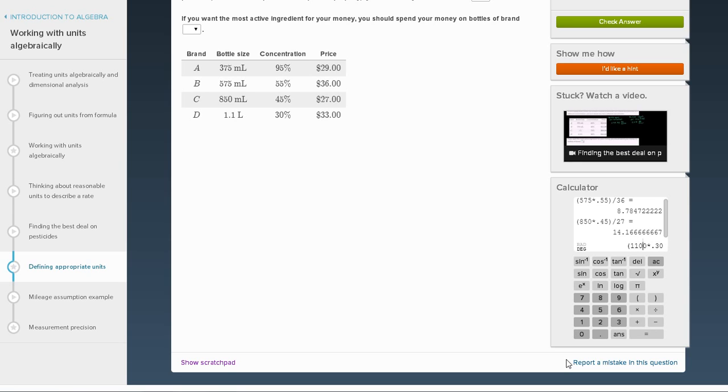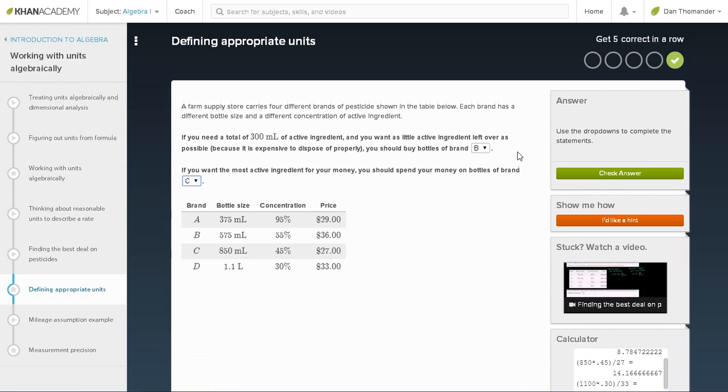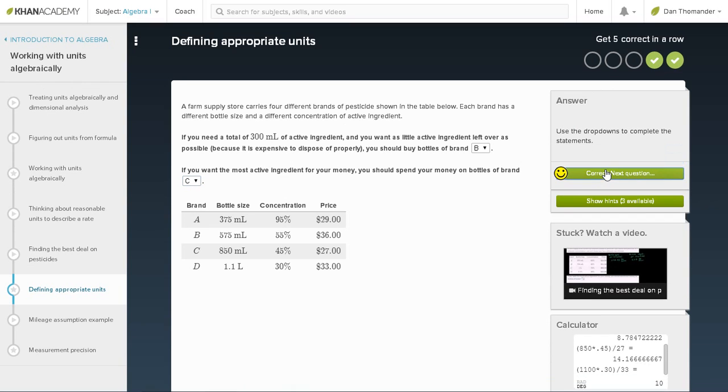Oh, this is so much better using the keyboard. I should have done this in the first place. And then divided by $33. And I see this gives me 10 milliliters of active ingredient per dollar. So the best one would be C. So we'll select C here and check our answer. Good.